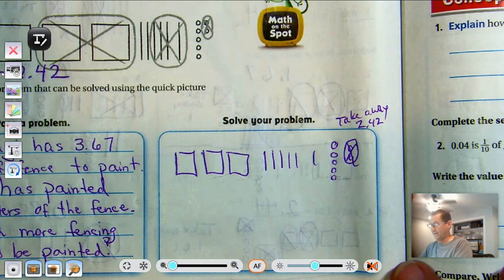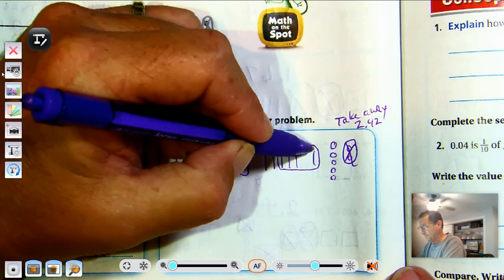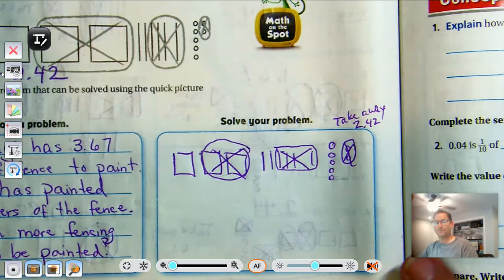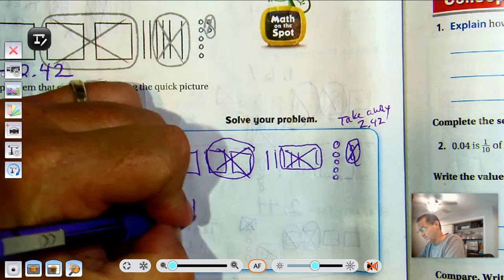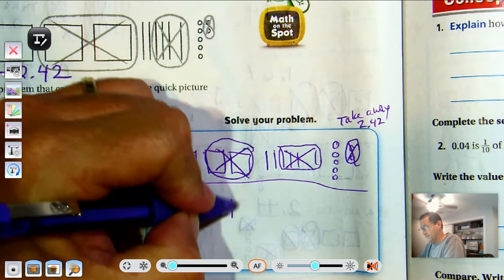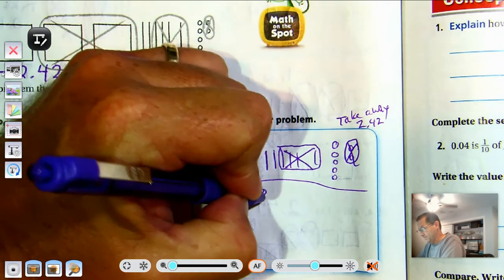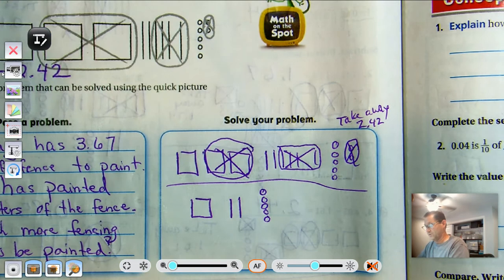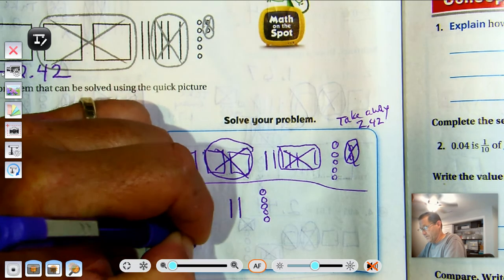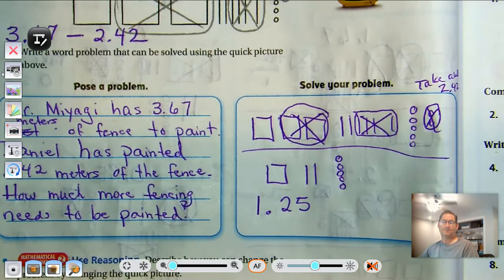Can I take away 4/10ths? 1, 2, 3, 4. Yes. Can I take away 2 ones? Yes. So that leaves me 1, 2/10ths, and 5/100ths. So 1 and 25/100ths left to paint.